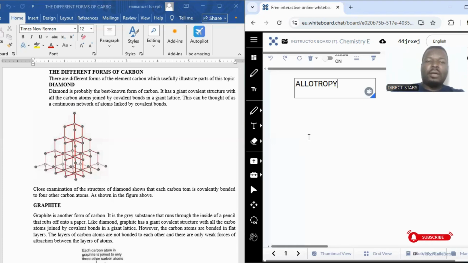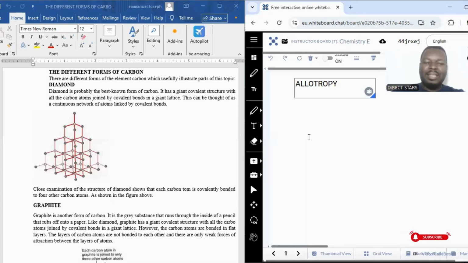Okay, this can be thought of as a continuous network of atoms linked by covalent bonds. Okay, so these covalent bonds, if you would recall when we treated bonding, covalent bond is a strong bond. Okay, so this is the only type of bond that exists in the structure of diamond.